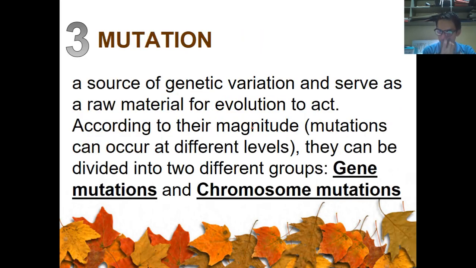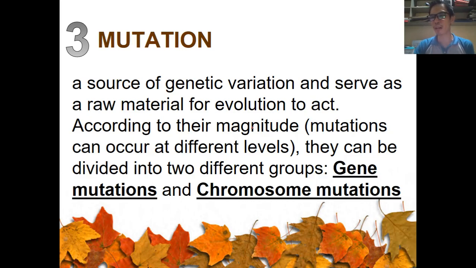Right. Next one. The third one is mutation. We will not go more into this one because we have encountered it before in the previous video, where I explained already how mutation works. Mutation in the long run creates genetic variation.